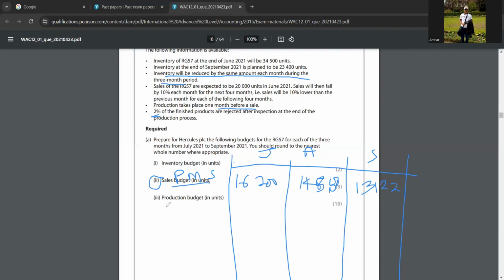Yeah. That also you have to take here as inventory adjustments. So you know it has reduced. Okay, so you have to minus that inventory adjustments. You have to minus 3,700 for July, August, September. Did you understand that part?